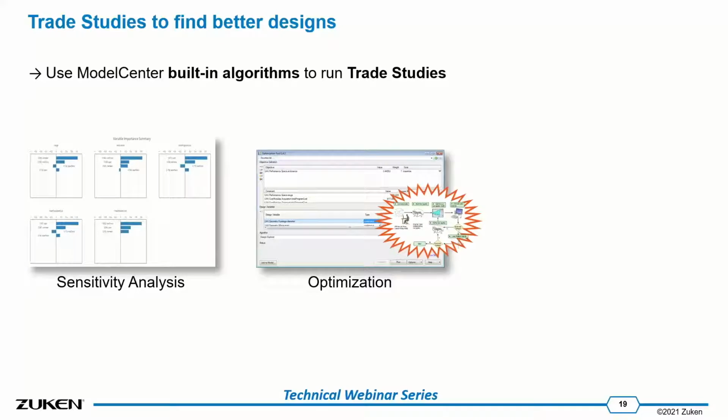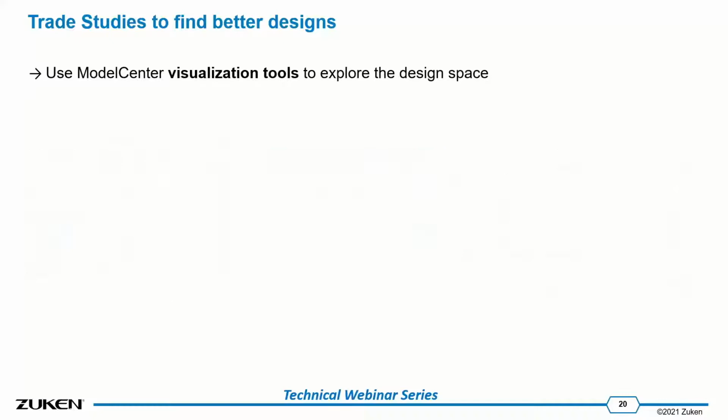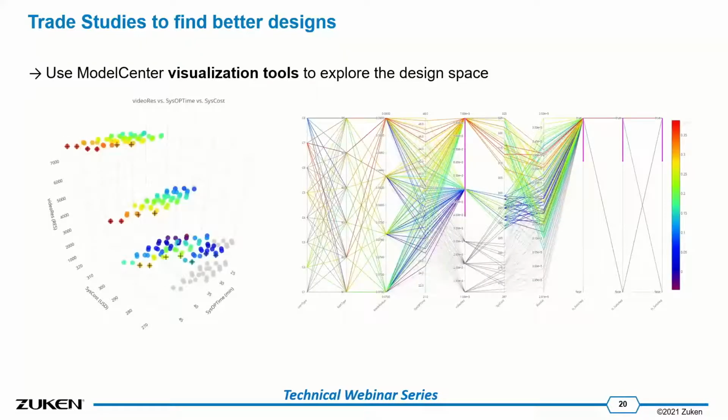But Model Center also contains optimization and probabilistic analysis tools to find optimal designs and to carry out risk and reliability analysis. When you run this kind of trade study, the algorithms will iterate the workflow and generate a lot of data. Model Center contains a great number of visualization tools to make the simulation results actionable, which is really important for you.